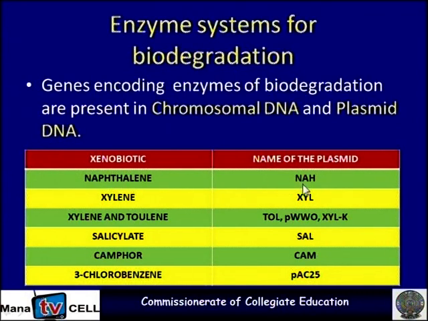For that compound, the genes encoding enzymes of biodegradation are present on the plasmid NAH. Xylene is XYL, toluene is TOL, and then salicylate SAL, camphor CAM, and 3-chlorobenzene. These are the main pollutants, hazardous chemicals or xenobiotics, which are present in oil which is leaked in the water.